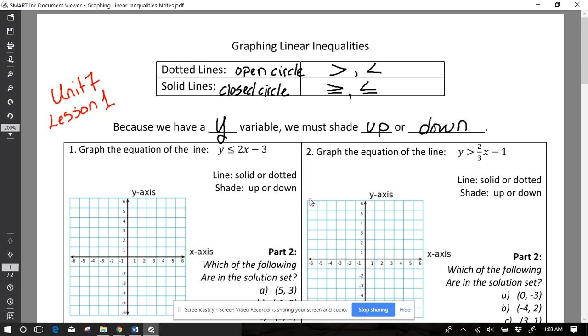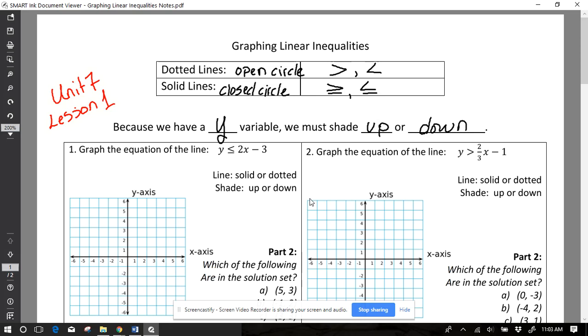And I referenced those because earlier in the semester, when we were solving and graphing one variable inequalities, we had circles, okay? Opened or closed circles. And now we are not going to have circles. We're going to have lines.